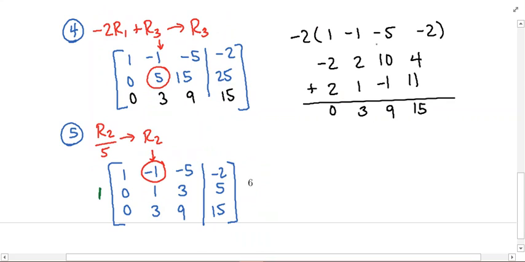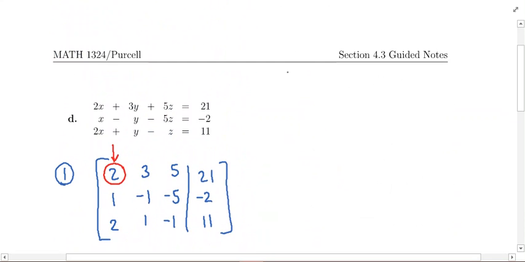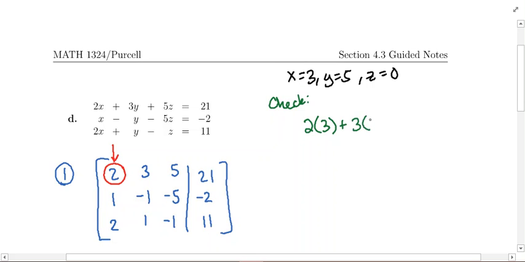So go back to the original system here, and we can do a little check. Remember we said x is 3, y is 5, z is 0. That's one specific solution. So if you check this, look at equation 1. 2 times 3 plus 3 times 5 plus 5 times 0.